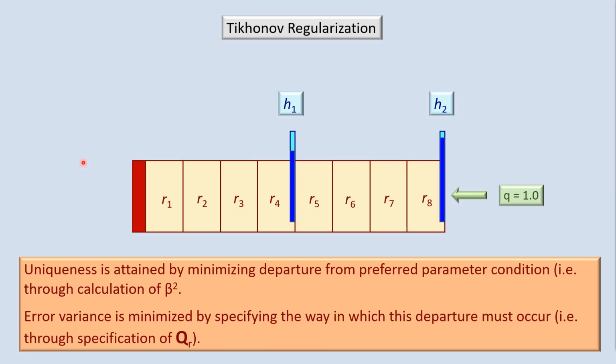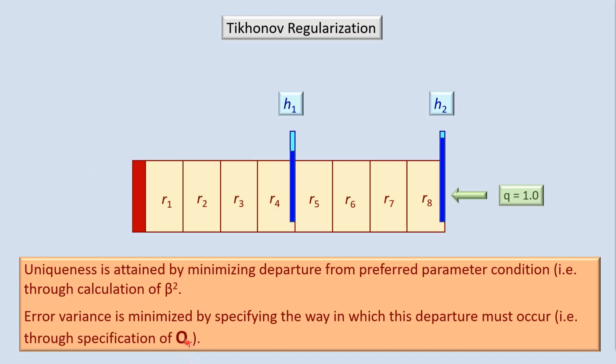By deviating from that condition to the smallest extent necessary to fit the data, and through deviating from that condition in a way that is pleasing, in a way that is in accordance with the underlying geology or our underlying conception of geology, that also provides part of that minimum error variance guarantee.